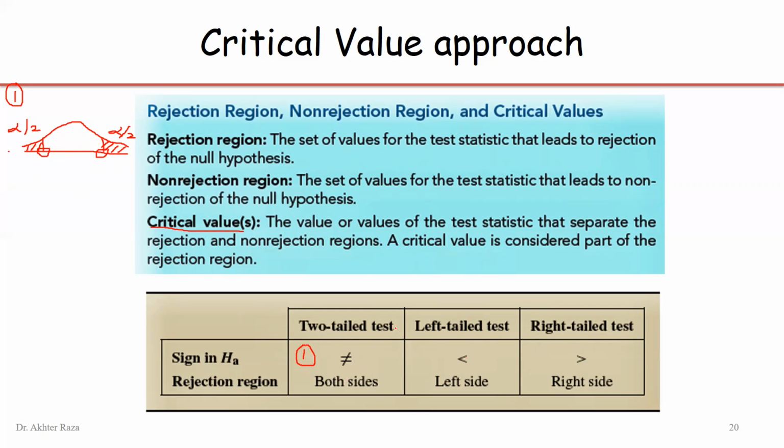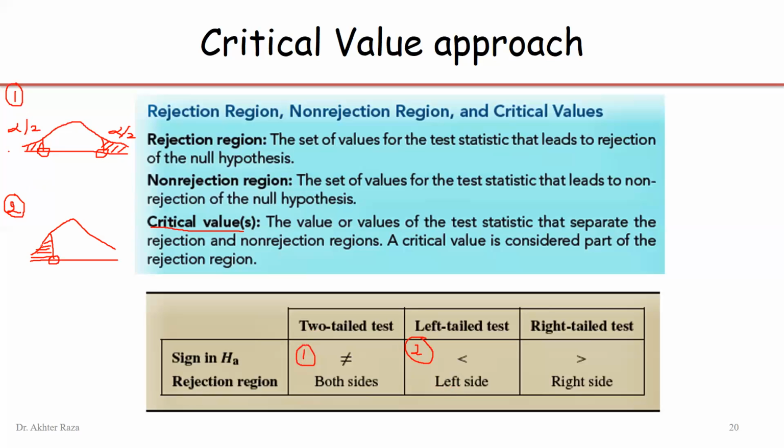In case of number two, whenever we have a left-sided alternate hypothesis, we have to create a one-sided region, which is on the left side only. Entire alpha will be considered on the left side, and the non-rejection region will be on the right side. Only one critical value will be there.